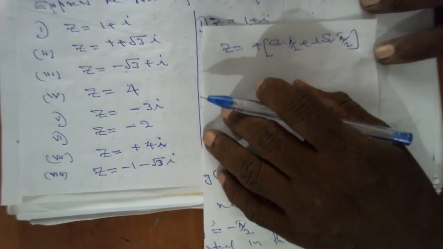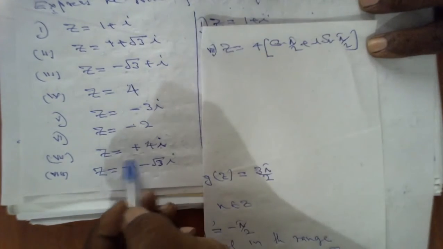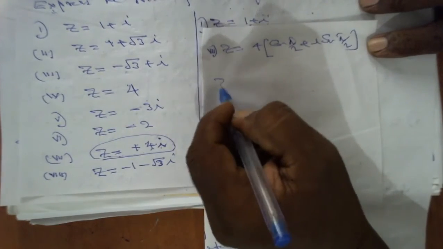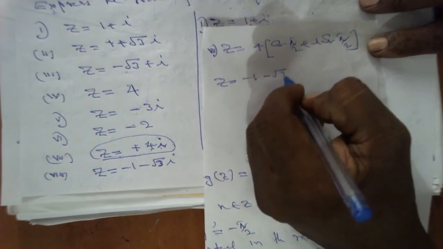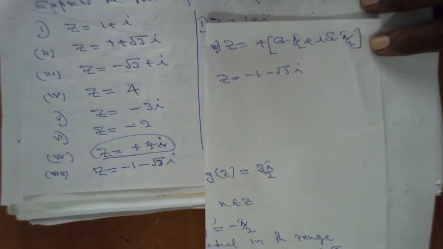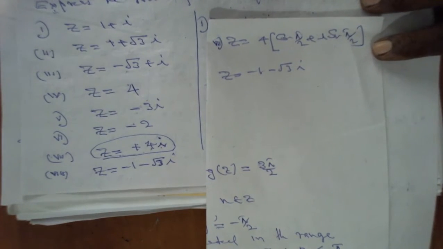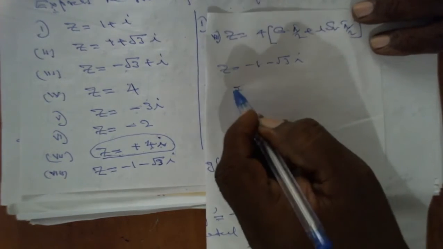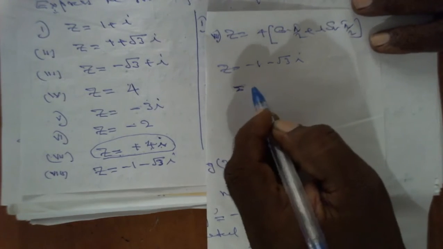So this is the seventh one. Then z equals minus 1 minus root 3 i. So the square root of a squared plus b squared is what? 2.